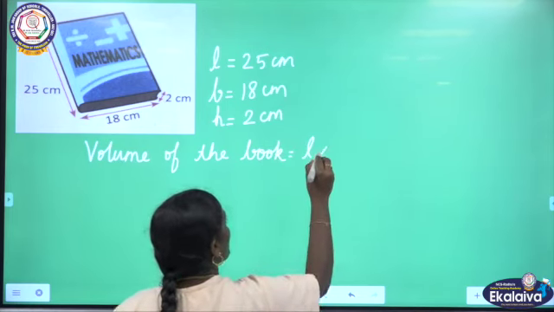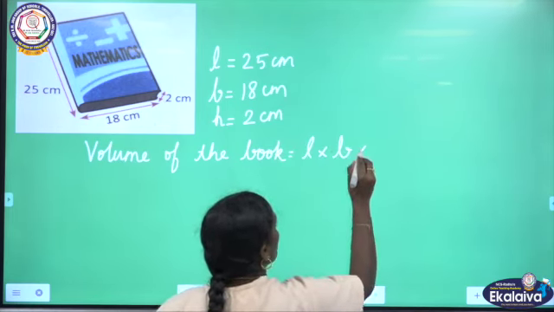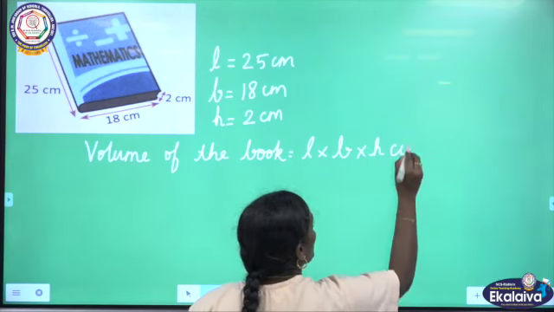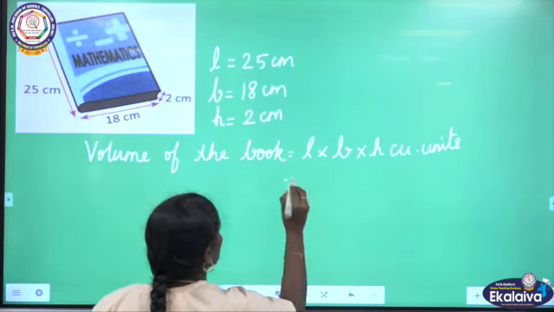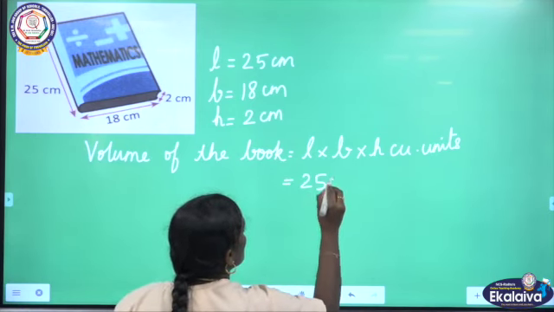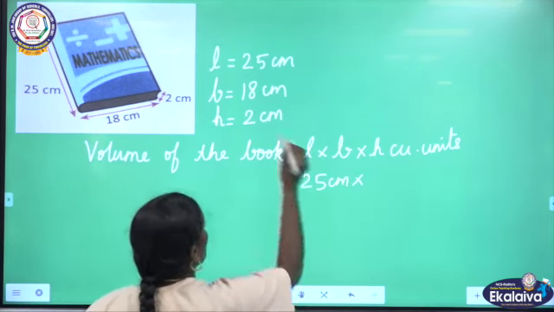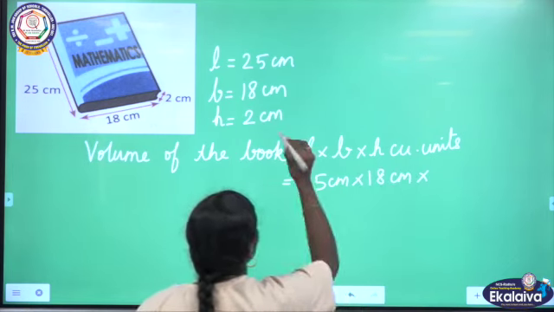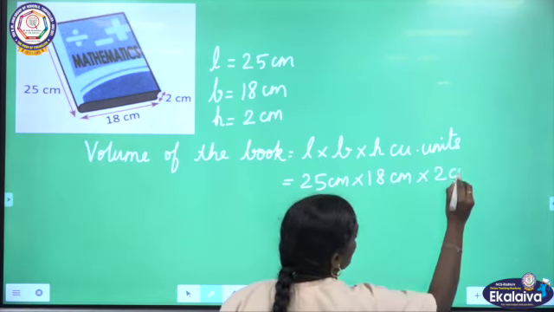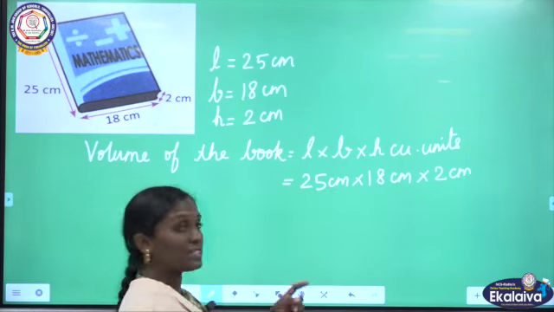So we have to use the formula length into breadth into height cubic units. Here length is equal to 25 centimeter into breadth is equal to 18 centimeter into height is equal to 2 centimeter. Now we have to multiply the numbers.